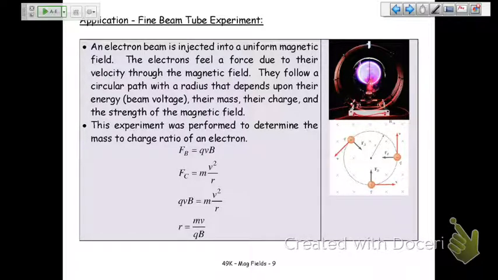From a physics point of view, we say the magnetic force, there's a force due to magnetism that we need. And that's going to be QV cross B. Well, they're at 90 degrees to each other, so QV cross B simplifies to QVB sine 90 degrees, which simplifies to QVB.